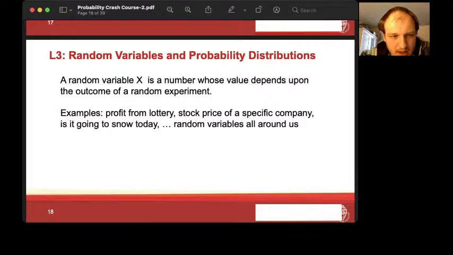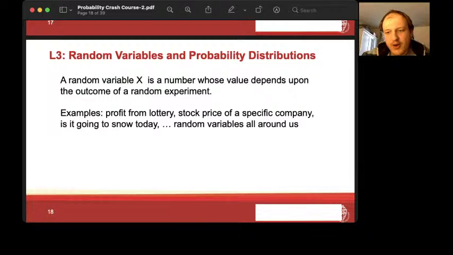Okay, if it's all clear, then we can move on to random variables and probability distributions. A random variable is any value that depends on some random process. There are a lot of examples.